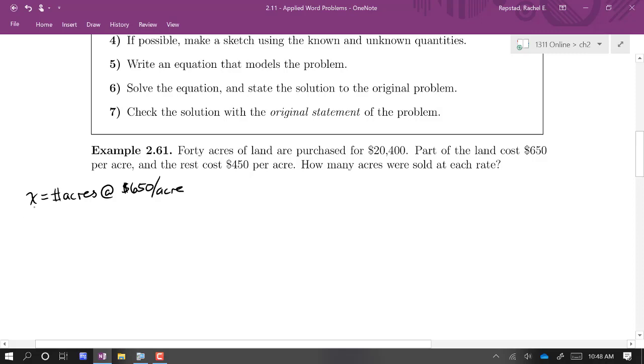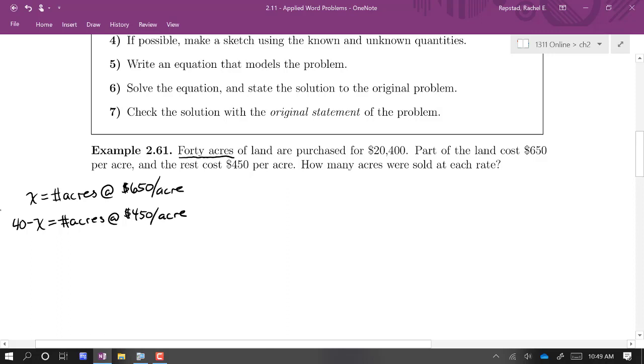And if x is the number of acres purchased at $650 per acre and there's a total of 40 acres, that means that the number of acres purchased at $450 per acre is 40 minus x. All right, so now we've got our variable. We have both of our unknowns expressed in terms of x.